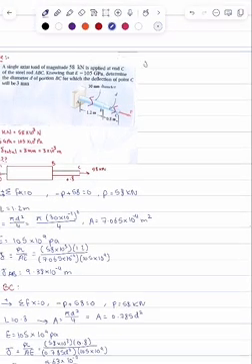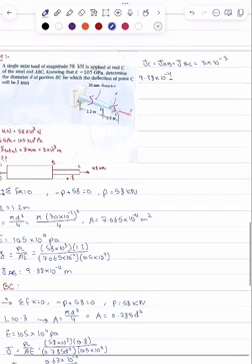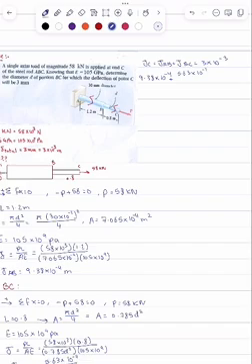Now delta equals delta AB plus delta BC, equal 3 times 10 power minus 3. So 9.38 times 10 power minus 4 plus 5.63 times 10 power minus 7 over D2 equal 3 times 10 power minus 3.